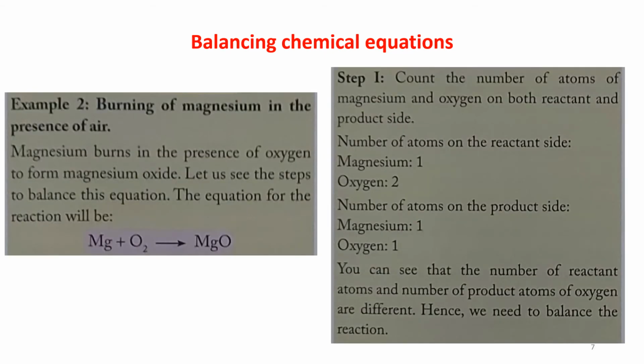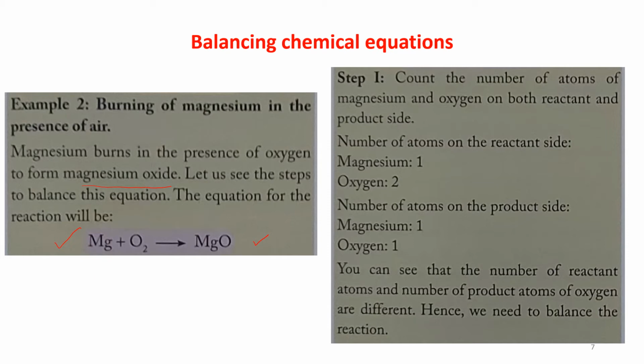Example 2. Burning of magnesium in presence of air. Magnesium burns in presence of oxygen to form magnesium oxide. So, let us see what are the steps involved in that. This is the reaction, Mg plus O2 gives MgO. Now, step 1, you have to count the number of atoms on both the sides.